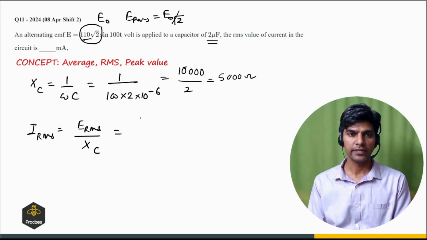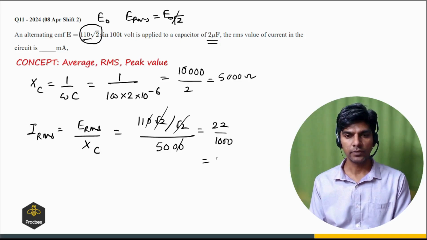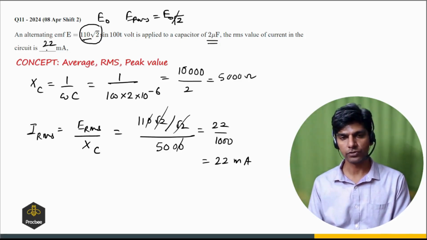So we can write this as 110 root 2 by root 2 divided by XC. XC is 5000, so the 0s will get cancelled out. We can write this as 22 by 10,000, which is nothing but 22 milliampere.